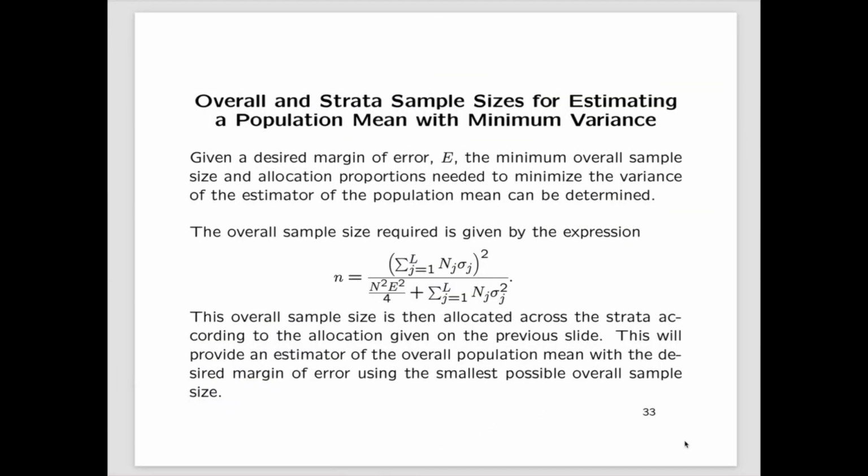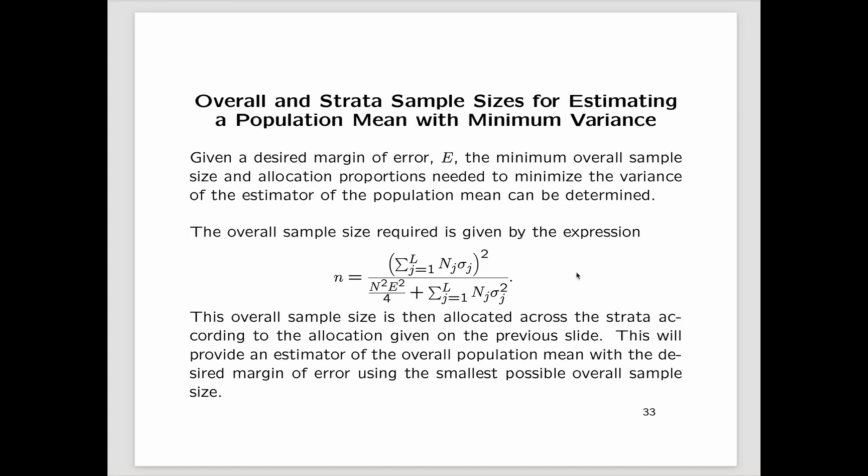Now we can put these results together in a combined type of formula. Given a desired margin of error, cap E, the minimum overall sample size and allocation proportions needed to minimize the variance of the estimator of the population mean can be determined. The overall sample size required is given by this expression here. All right.